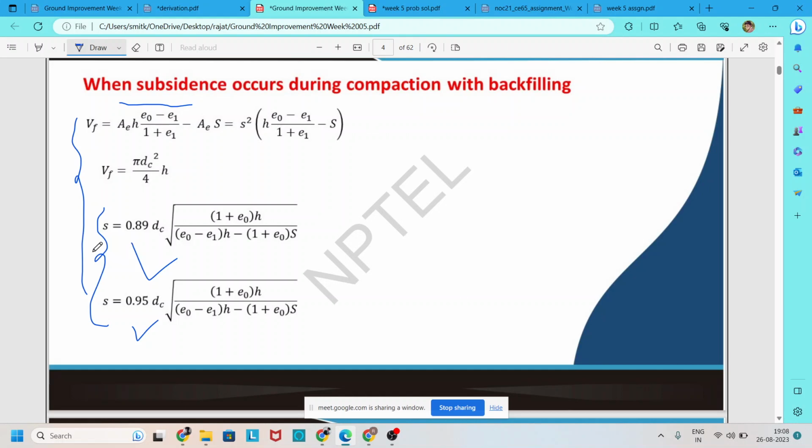So here we can use the first one, that is S is equal to 0.89 dc root over 1 plus E naught H divided by E naught minus E1 into H minus 1 plus E naught into S. Here all the values are given in the question. We only need to put all the values here and find out the result.